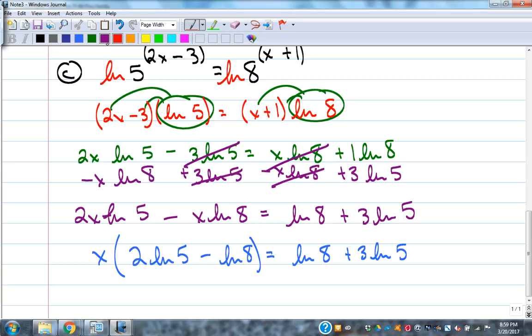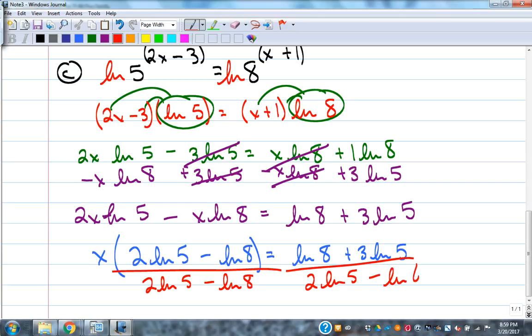They had a common factor of an x, and that allowed me to get it out there by itself. And then I need to divide both sides by that number that's with x. This side, that leaves x by itself. That's what we want.